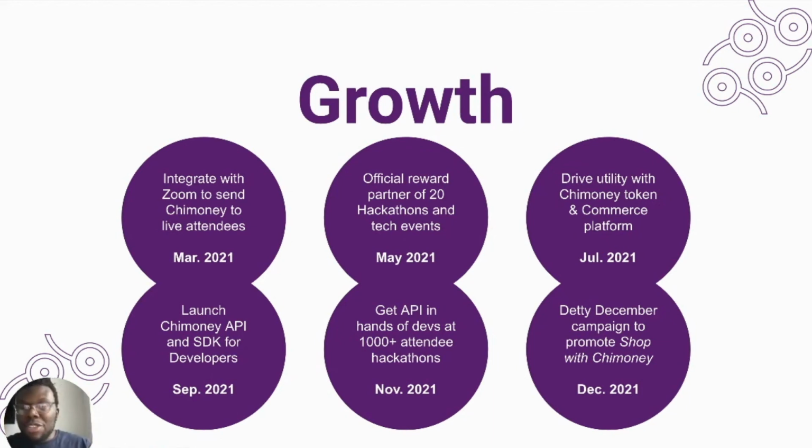And then to drive utility, we want to launch the Chimoney token and commerce platform. So once we've launched the token on mainnet, we want to also launch the ability to easily exchange Chimoney with Bitcoin Cash and also exchange that for laptops and devices. And like I mentioned before, we're going to launch an API and SDK for developers by September.